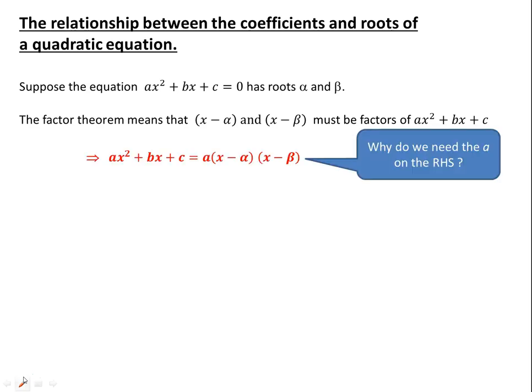So I must have ax squared plus bx plus c having a factor of x minus alpha and a factor of x minus beta, but there's also going to need to be a numerical factor of a there simply to get the coefficient of x squared working correctly.